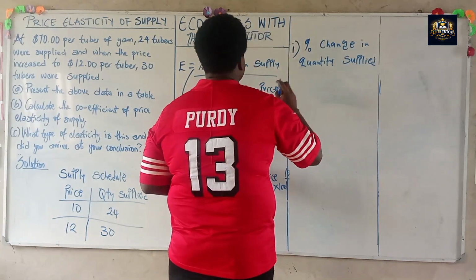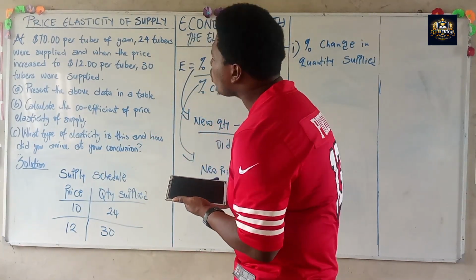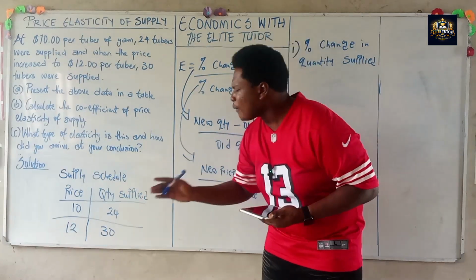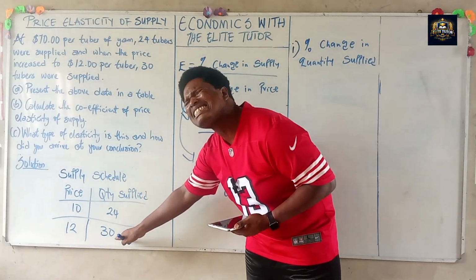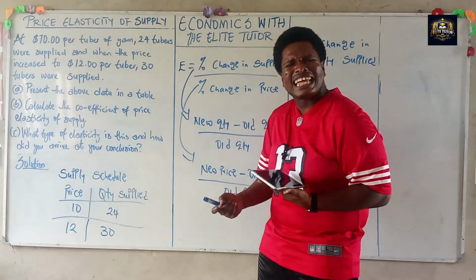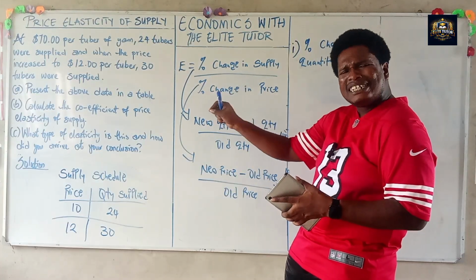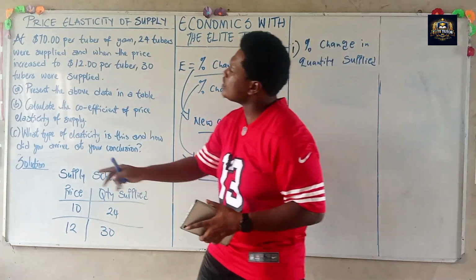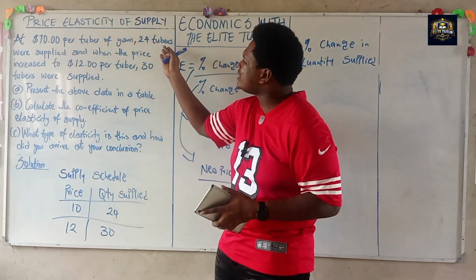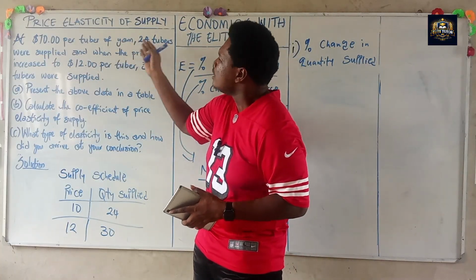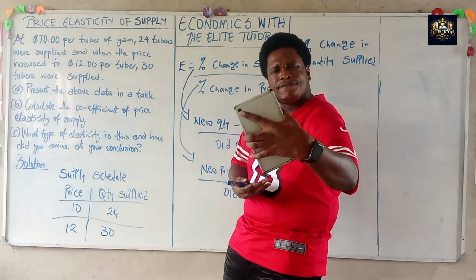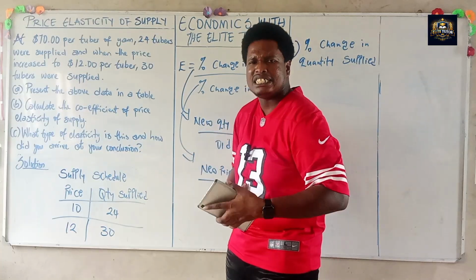Now, what is our new quantity in this question? The question said $10 at 24. When the price was $10, 24 tubers were supplied. That is the first price and the first quantity.